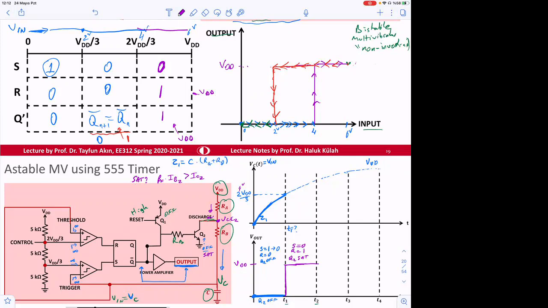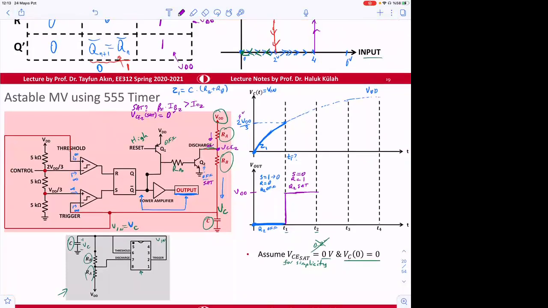So we select the resistances and everything such that it goes to SAT. And then the VCE2 SAT voltage, we said it is 0 volt. That was the assumption, right? We assumed that VCE SAT is 0 volt. So it's acting like a ground.